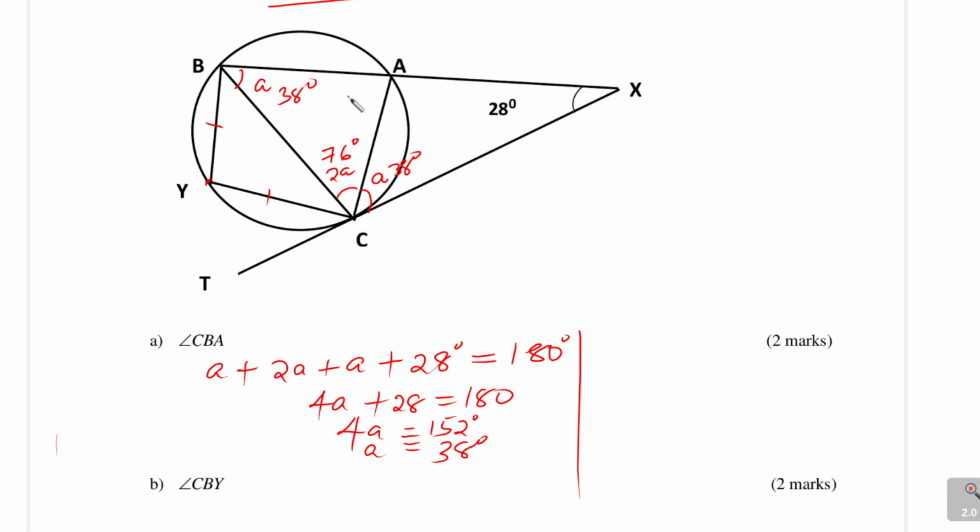So I get this angle by taking 180 degrees subtract 38 plus 76. So this angle plus this should give 180, so 180 subtract the sum of 38 plus 76. This angle will be 66.